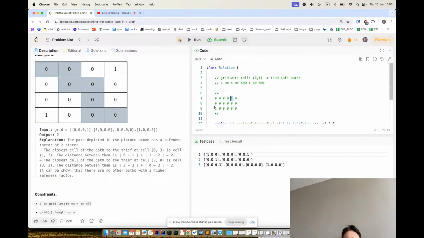So I have these ones. Here I can calculate all paths. Okay, it's interesting.